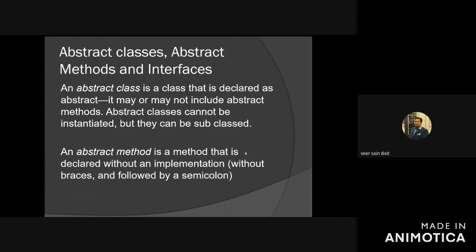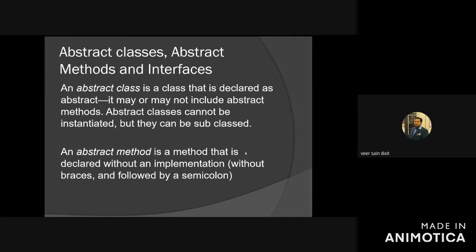Concrete methods means a method with full definition, right? So abstract classes are those classes which have abstract methods, meaning methods without any definition, only the declaration, as well as concrete methods, meaning methods with a body.